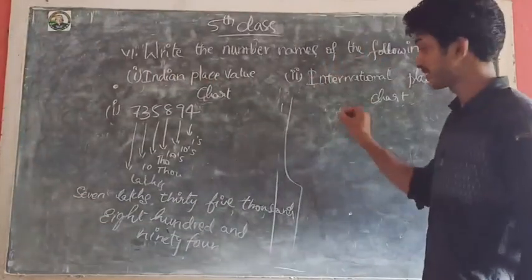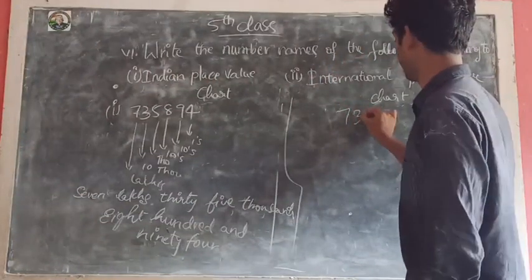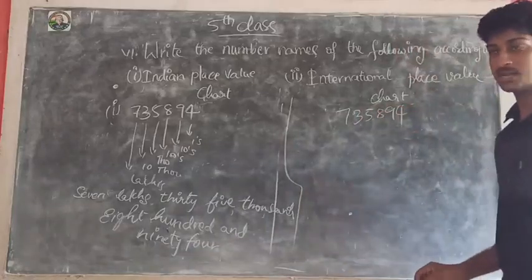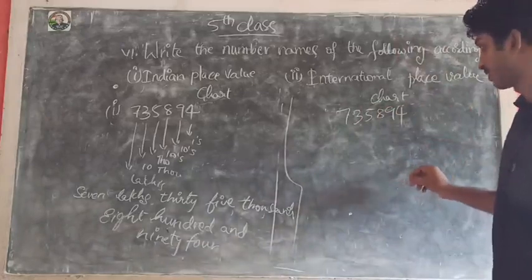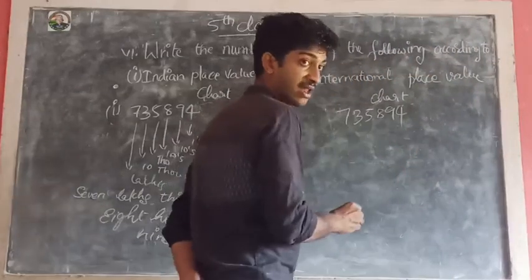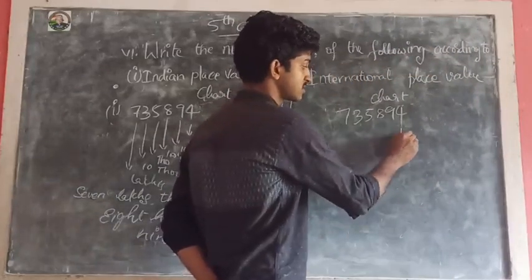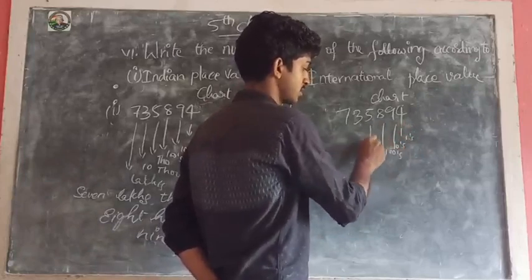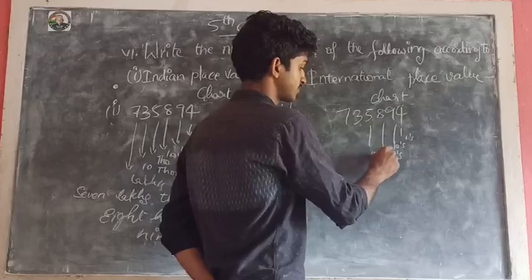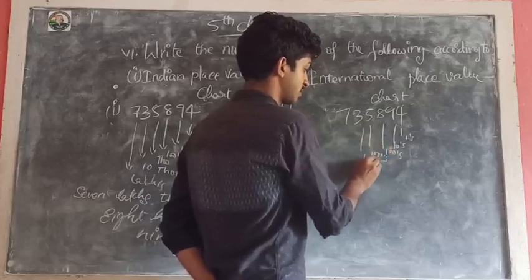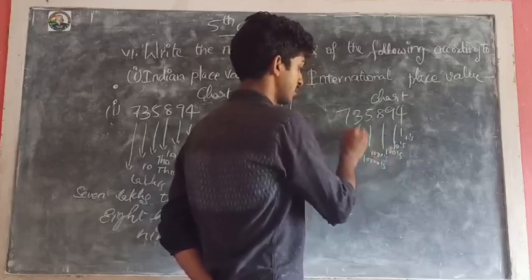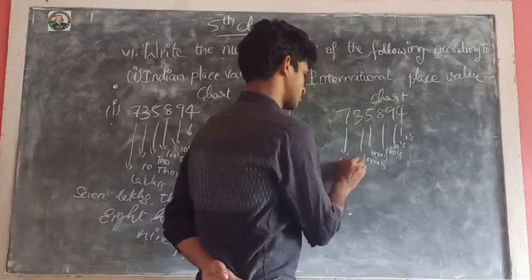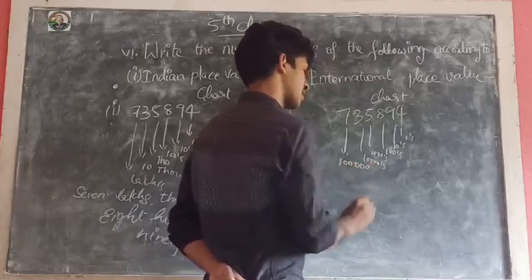Same number, 77 lakhs 35,894, in the international place value chart. Here the place values are ones place, tens place, hundreds place, thousands place, 10,000s place, and 7 is in the 100,000s place.